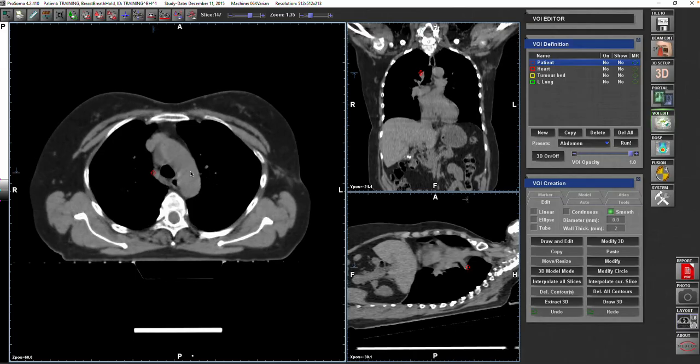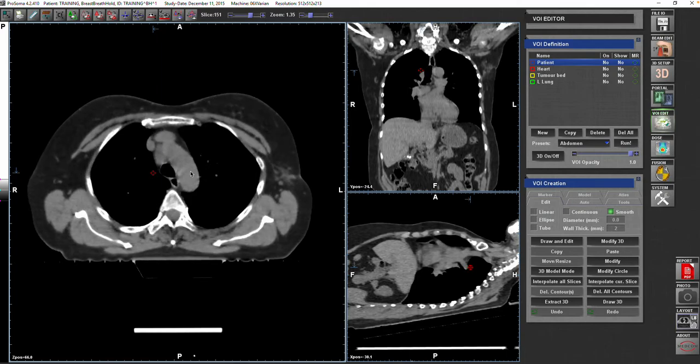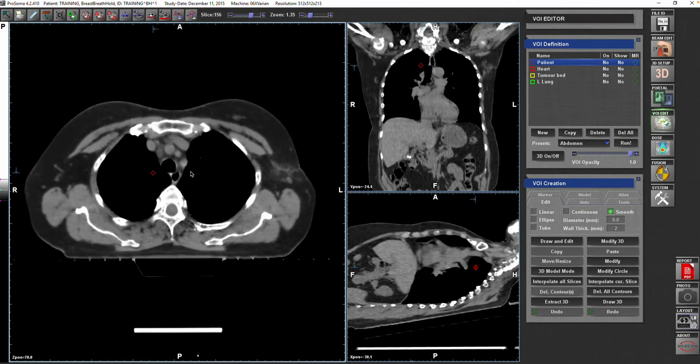This arch gives us three main branches that you need to familiarize yourself with: 1, 2, 3. The most left one will be the left subclavian, the middle one will be the left common carotid, and the last one on the right side will be the brachiocephalic trunk.